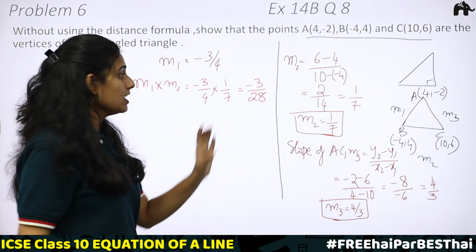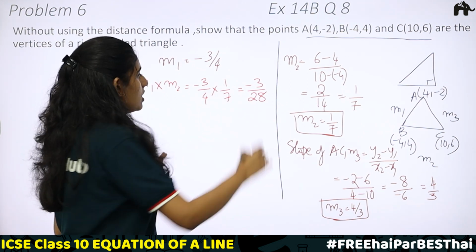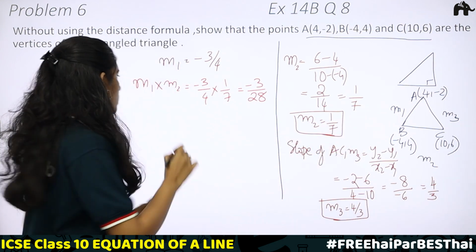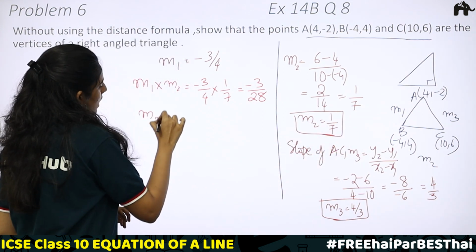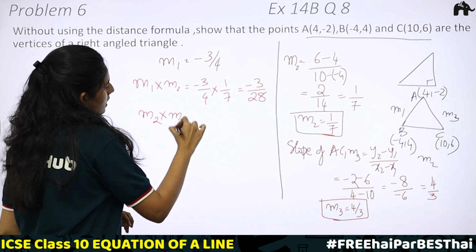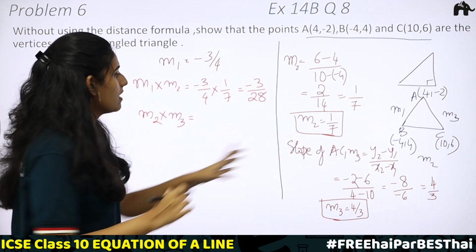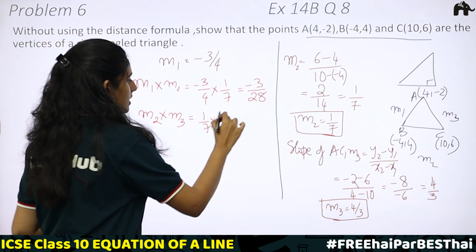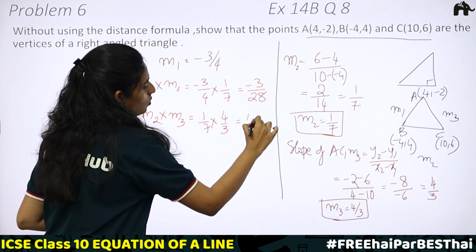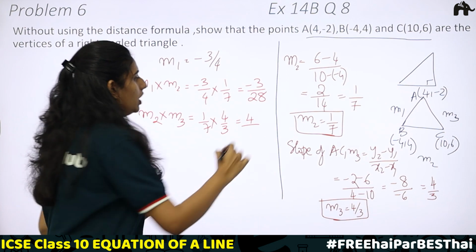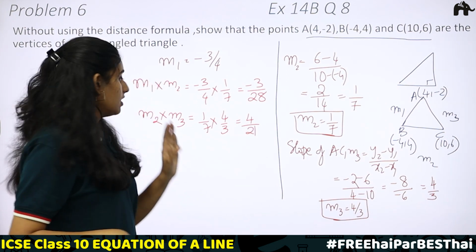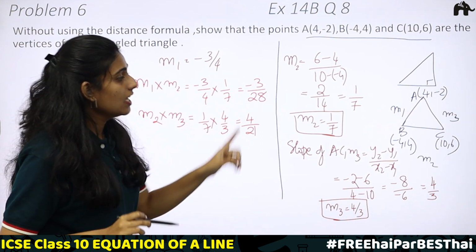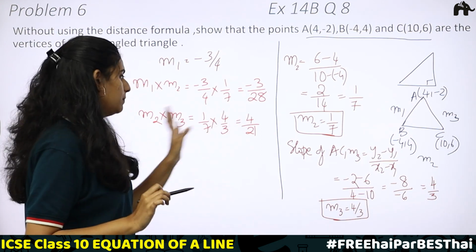We are not getting minus 1. Therefore, these two sides, that is AB and BC, are not perpendicular. Next, we will take m2 and m3. m2 into m3 is equal to m2 is 1 by 7 into m3 is 4 by 3, which is equal to 4 divided by 7 into 3, 21. Here also we are not getting minus 1, which means BC and AC are not perpendicular.